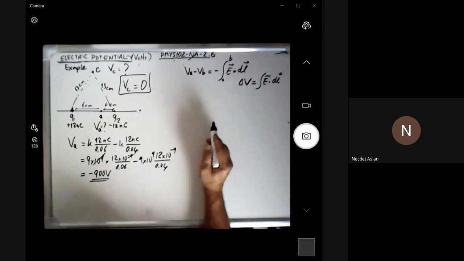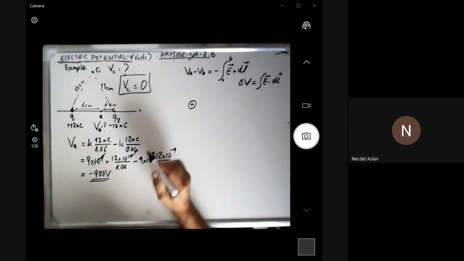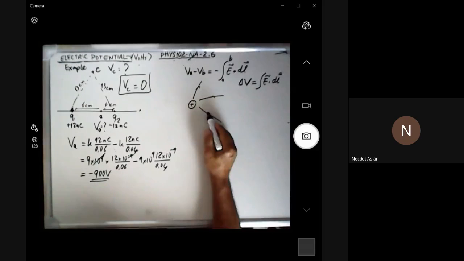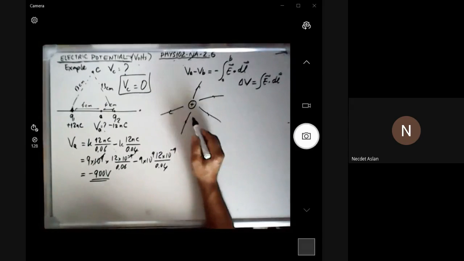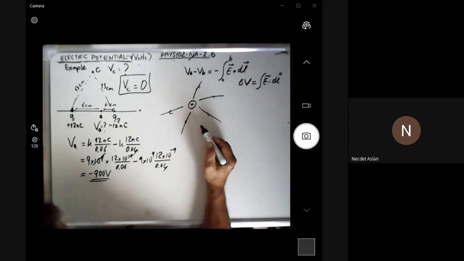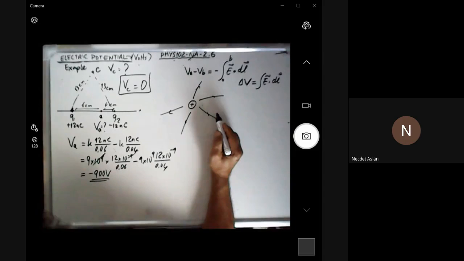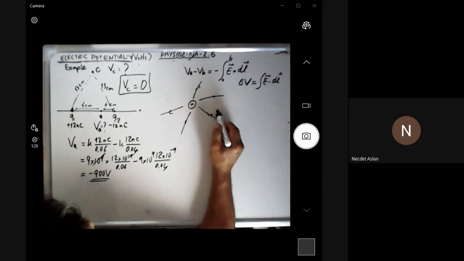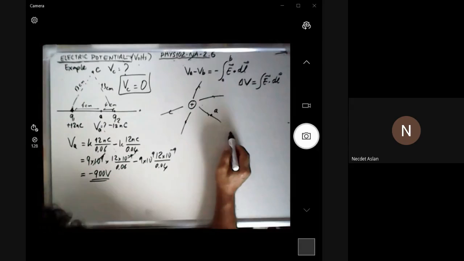Now, let's look at what happens when we have a point test charge. If we have a point test charge which produces an electric field in three-dimensional space like that, we move from one point to another point. This is point A, and this is point B. So we are moving in this direction.